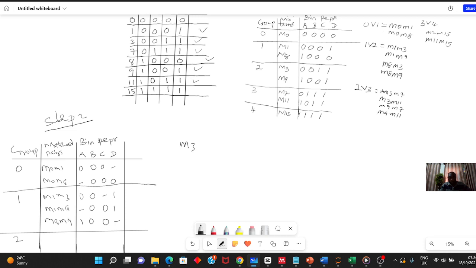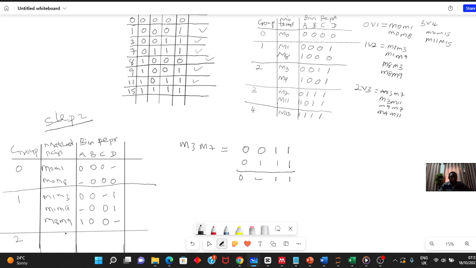So M3 is given to be what? 0, 0, 1, 1. So it's mapping M7. M7 is given to be 0, 1, 1, 1. So we have 0 with 0 is 0, 0 with 1 is dash, 1 with 1 is 1, 1 with 1 is 1.